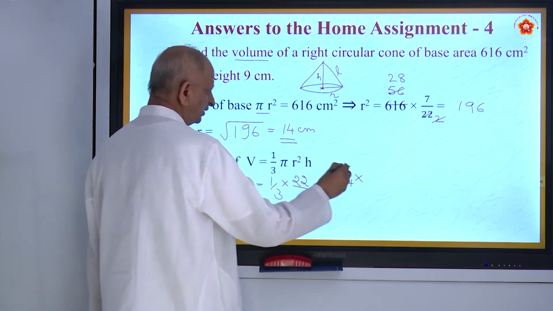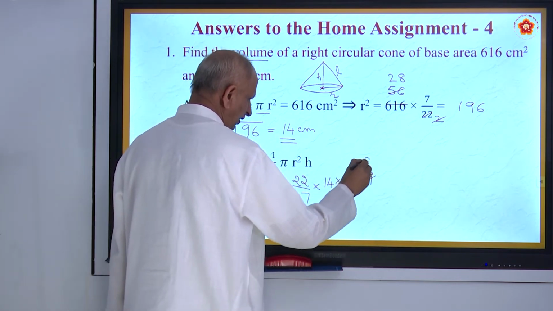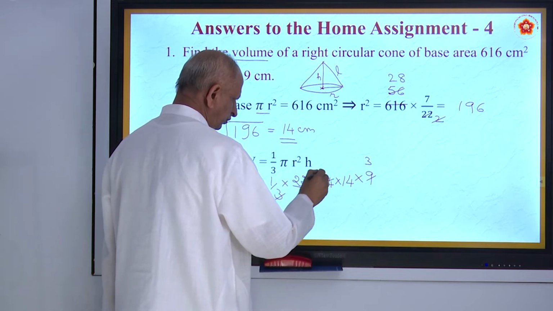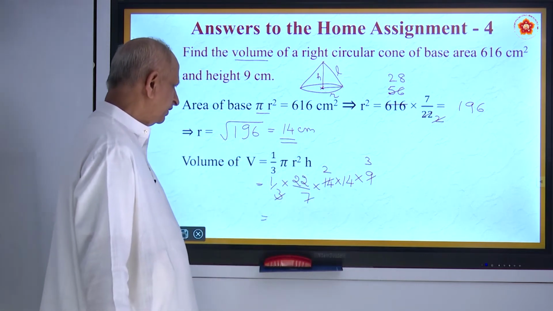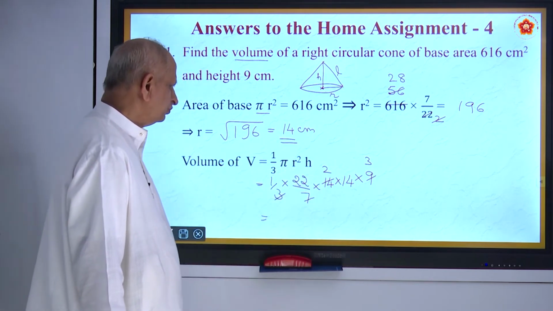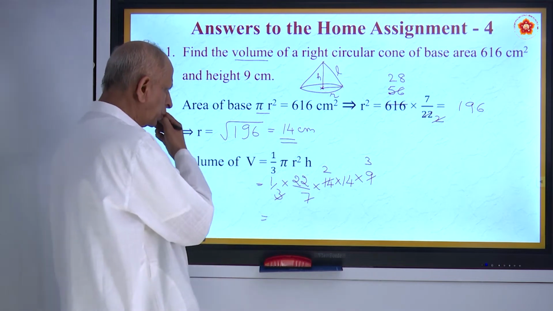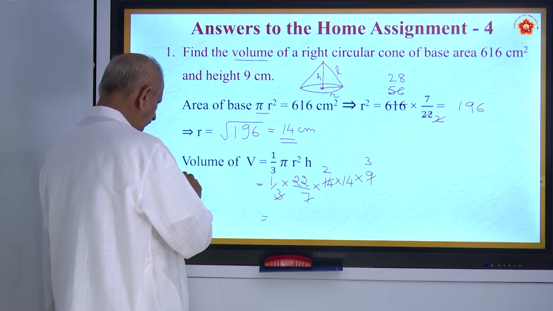Height is given to be 9. So 3 1s are 3, 3 3s are 9, 7 1s are 7, 7 2s are 14. So multiply all this. You get 44 into 42. Correct? So 44 into 42.